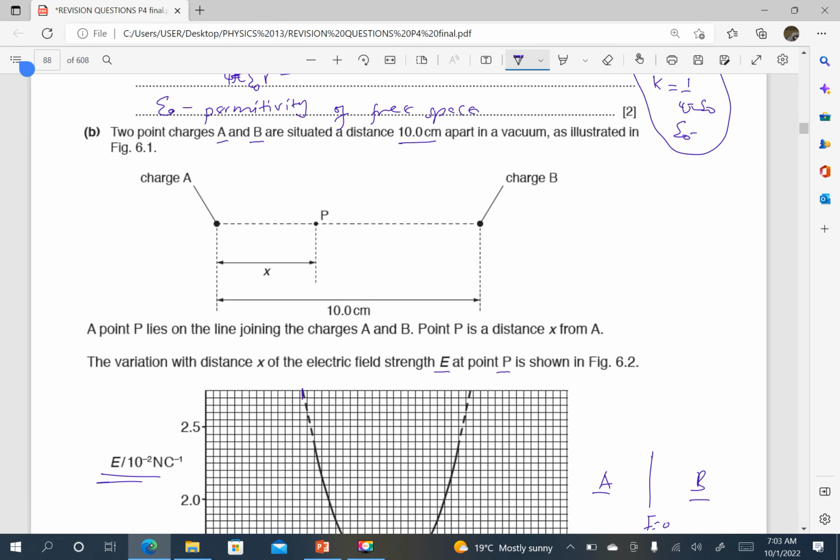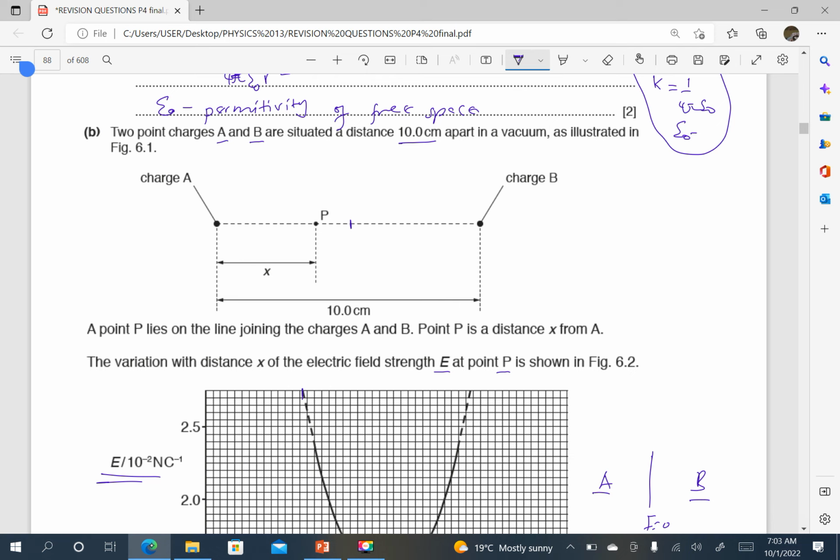Note that the distance between the two charges was 10 centimeters and 5 is the midpoint. If the minimum field strength is at exactly the center of the two charges, then they have the same magnitude of charge.